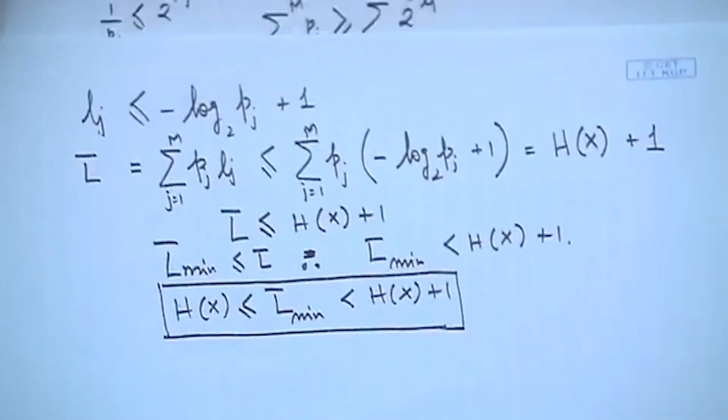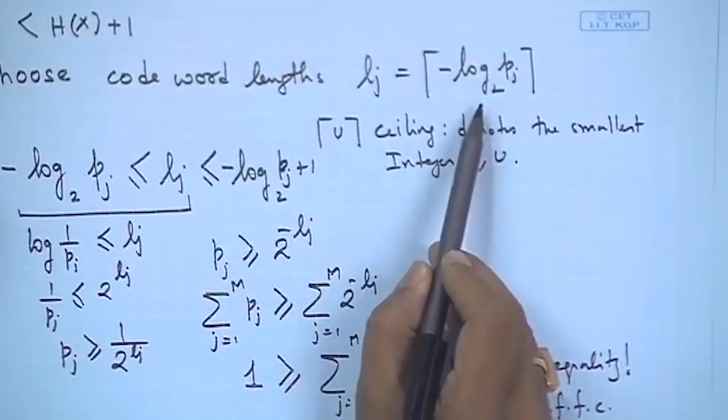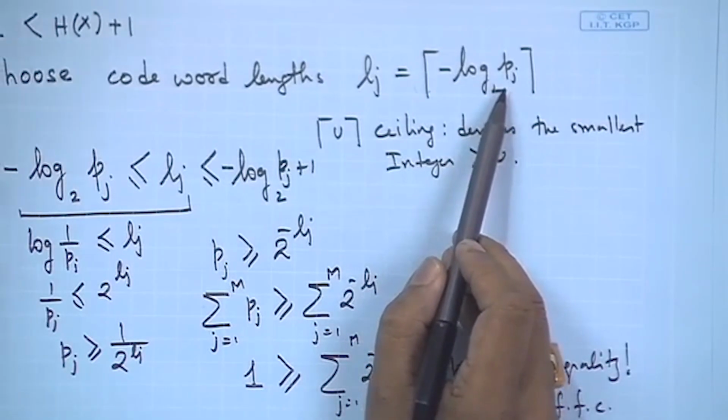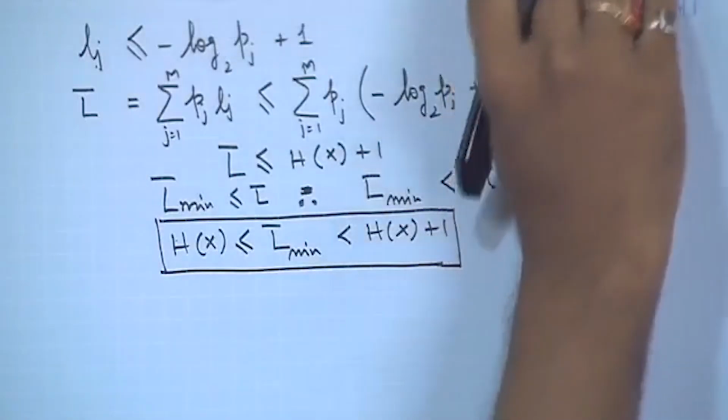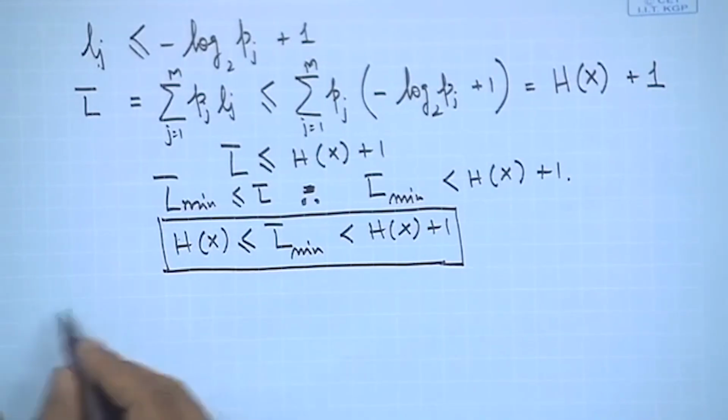So, all it tells us is that we can select this set of lengths given a set of probabilities, and once you do that, you have already found an L bar which is the best solution of the average code word lengths that you need to choose.